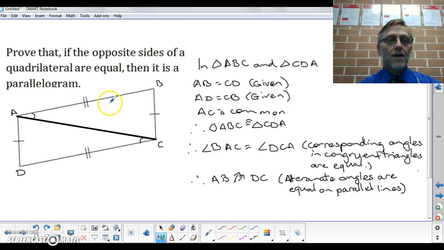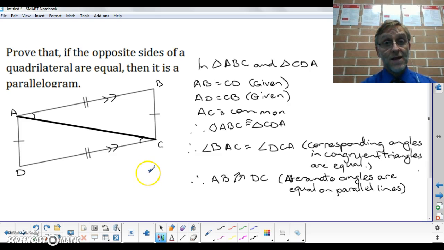Now, that means that I can put chevrons on the top and the bottom line. But I'm not just interested in the top and the bottom line. It says it's a parallelogram. A parallelogram must mean that I should be able to put chevrons on BC and AD as well. BC should be parallel to AD. Well, how would you prove that?